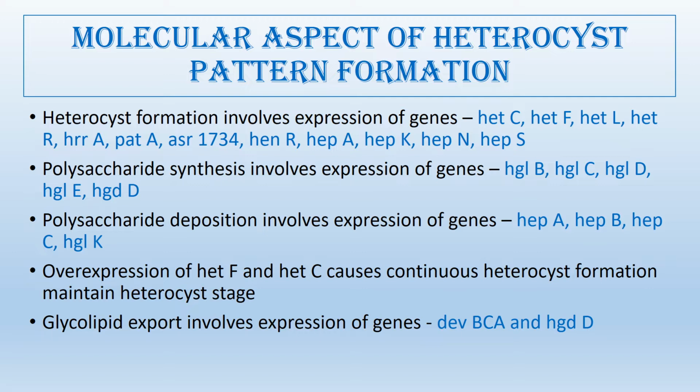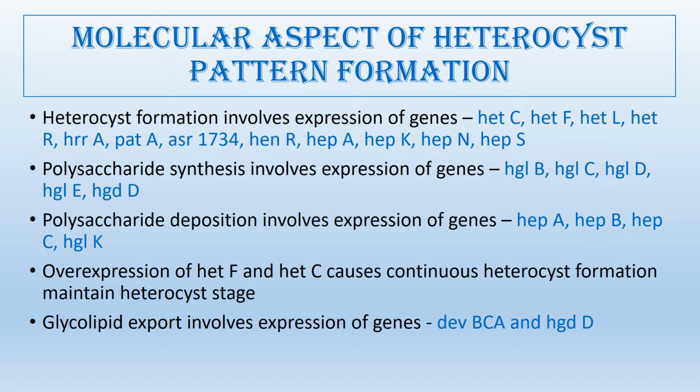For the conversion of somatic cell to heterocyst, almost 45 genes are responsible. But we are not going to discuss all the genes.